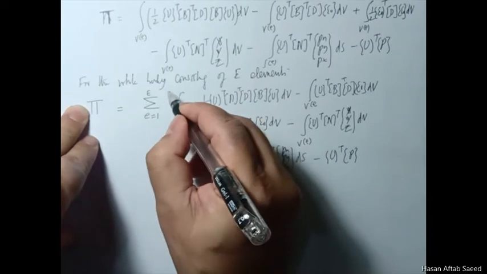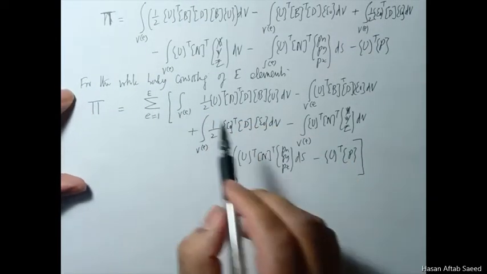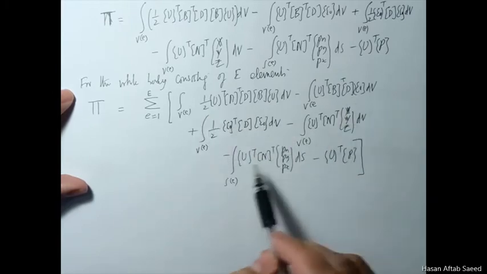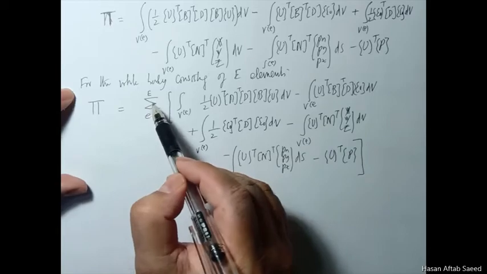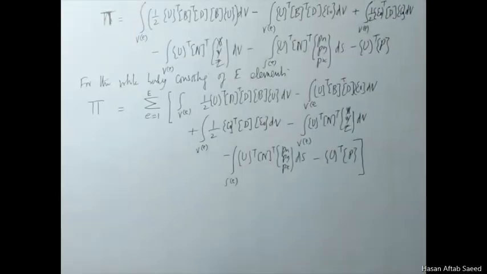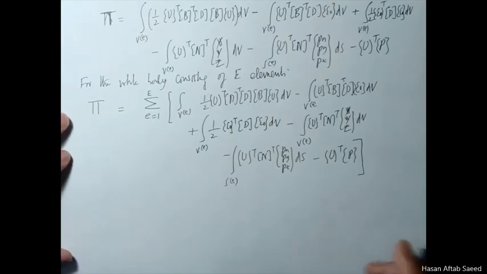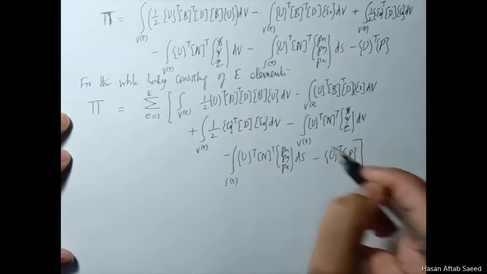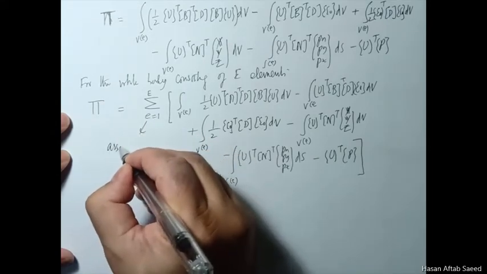But this summation, what we do is, for one element we do all this, and then we have to repeat that for the whole body, considering all the other elements also, and that will give us the complete solution for the whole body. This expression holds over the whole summation, and this is achieved by assembly.